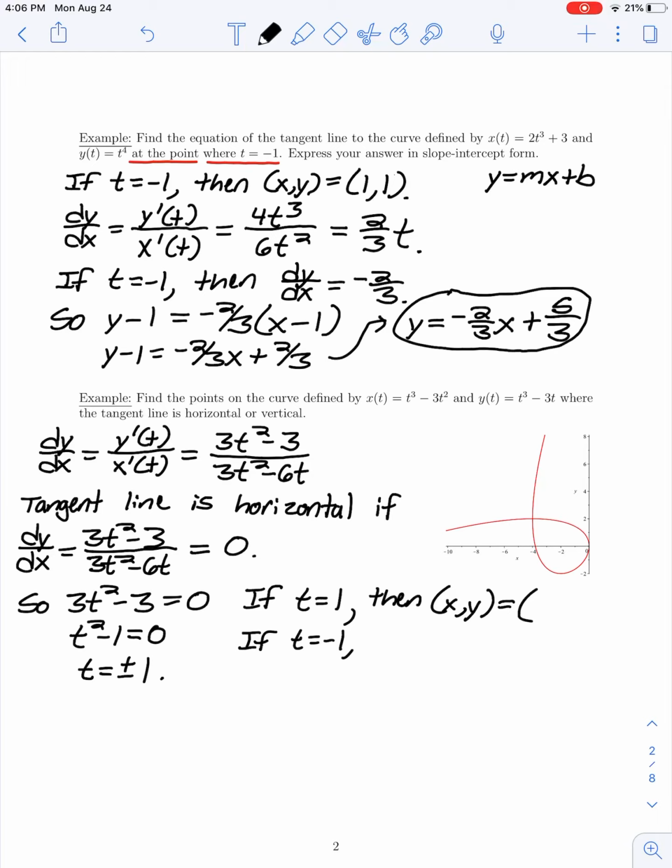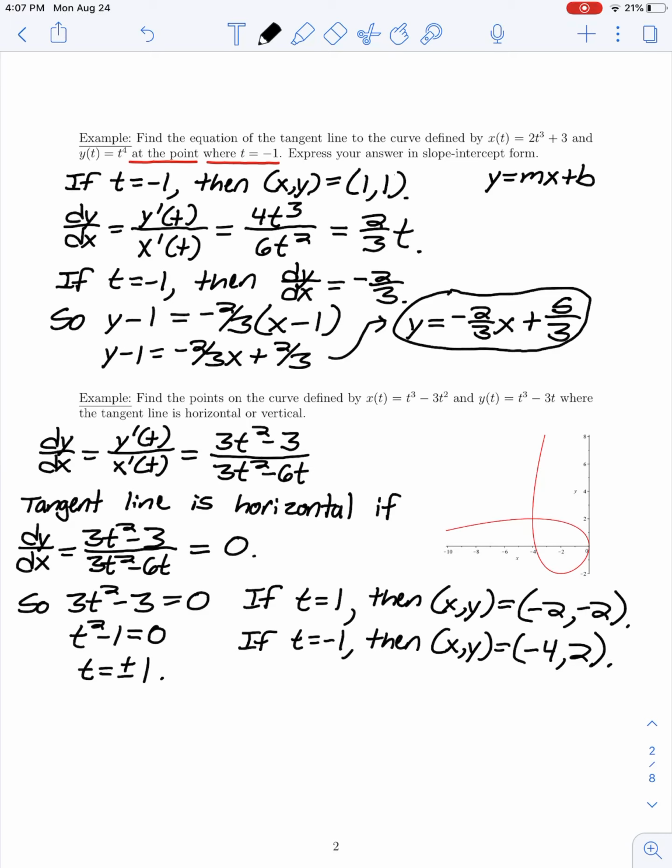So in the event that t is 1, then substituting into our parametric equations, we find x would be 1 minus 3, or negative 2, and y would be 1 minus 3, so also negative 2. And if t is negative 1, then the point on our curve, x y, would be given by negative 1 minus 3, so negative 4, and y would be negative 1 plus 3, so we get a positive 2.